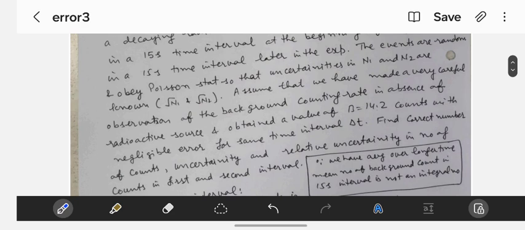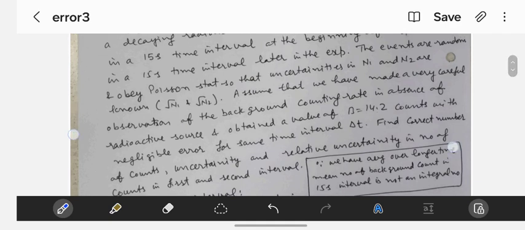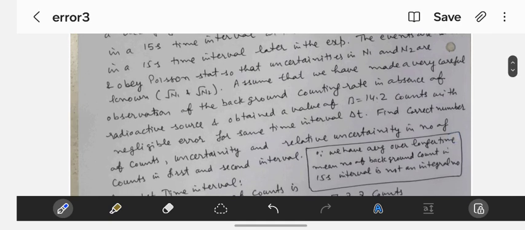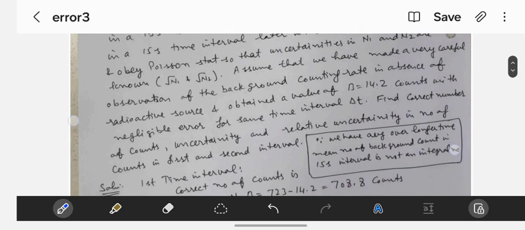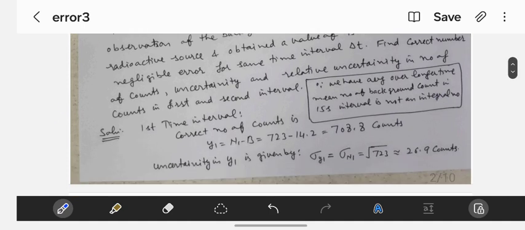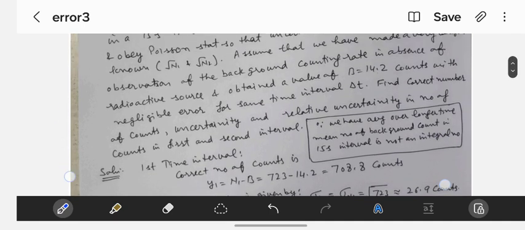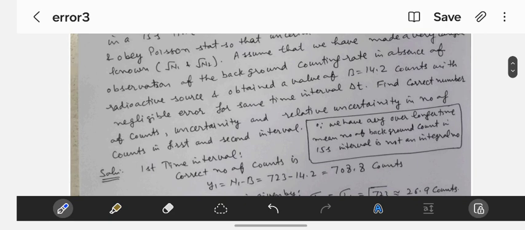The events are random and obey Poisson statistics, so they follow that probability function. So the uncertainties in n1 and n2 are known: root n1 and root n2. Assume that we have made a very careful observation of the background counting rate in the absence of the radioactive source and obtained a value of b equal to 14.2.